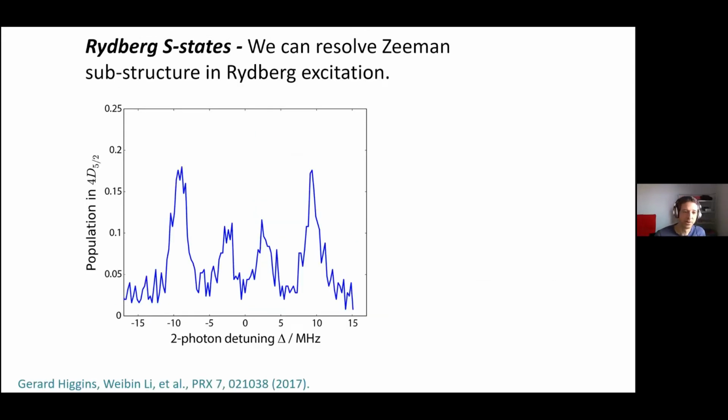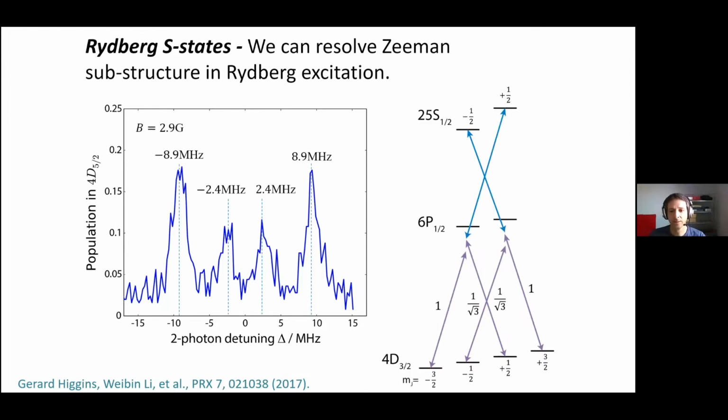If you do spectroscopy of such a population transfer, you can see a structure of population appearing.